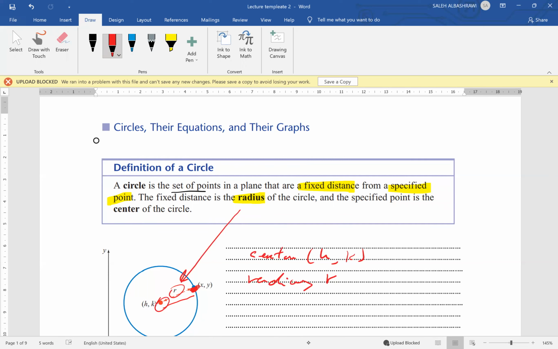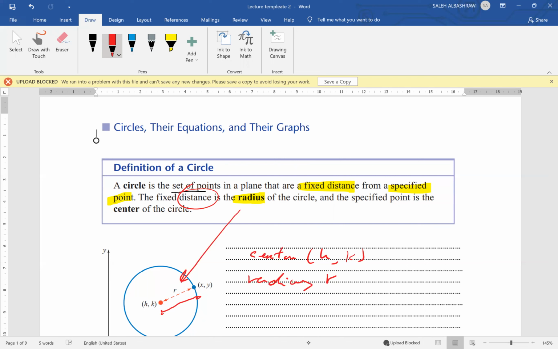Again, we have to know it is a distance between the center and any point on the circle. Sometimes we can use the distance formula to find the radius. So the distance between the center and any point on the circle is called the radius.